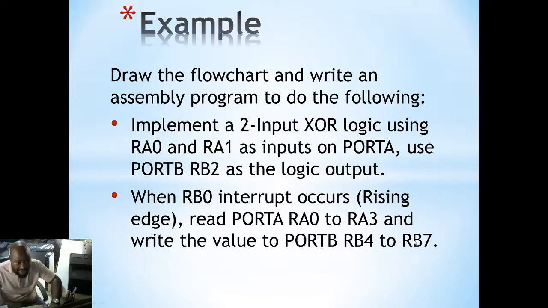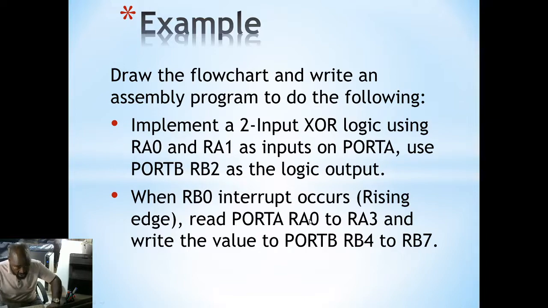Right. Now, why are we writing to B4 to B7? I will say maybe specifically for this example, because we are going to use RB0 as an input. Even if we could, it doesn't really make sense to read the whole of port A and write it as it is to port B, because B0 won't be an output, it will be an input.